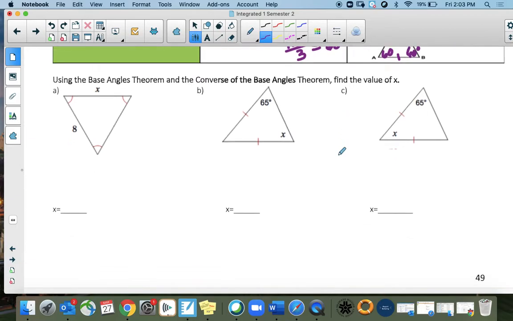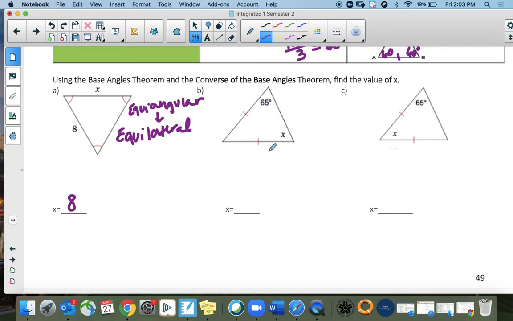Okay, so now we have some more examples here. If we know that all angles are congruent, we know all the sides are congruent. So if this is 8, that means x would have to be 8. Right, so we're solving for x here. I could even write out equiangular, therefore equilateral.